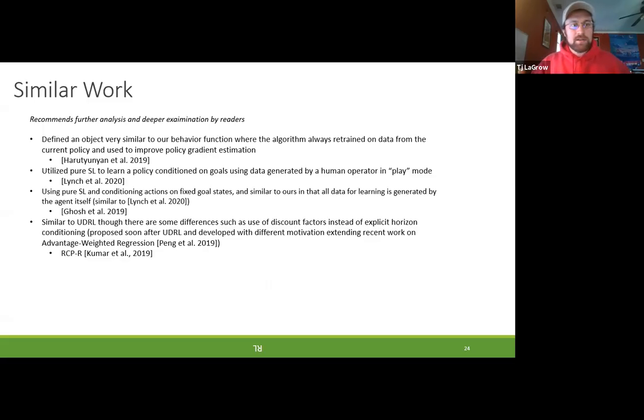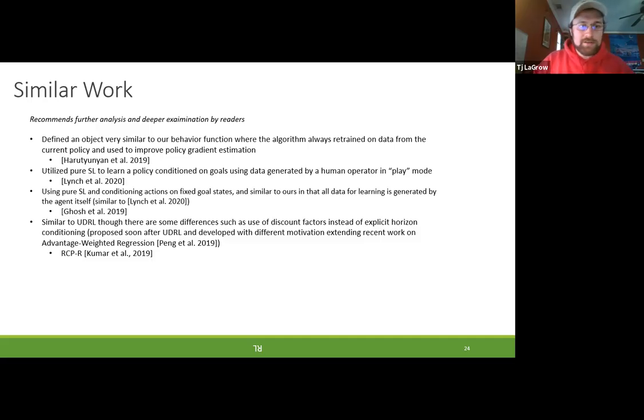Additionally, there's utilization of pure supervised learning to learn a policy conditioned on the goals, using data from a human operator playing in the mode. So it's trying to get a better bootstrapping if people are actually playing the device, rather than a search or a type of searching method.